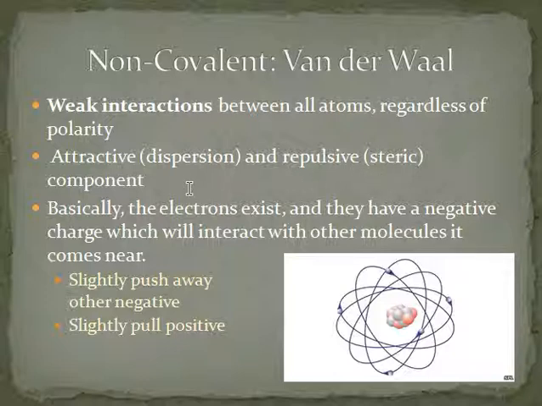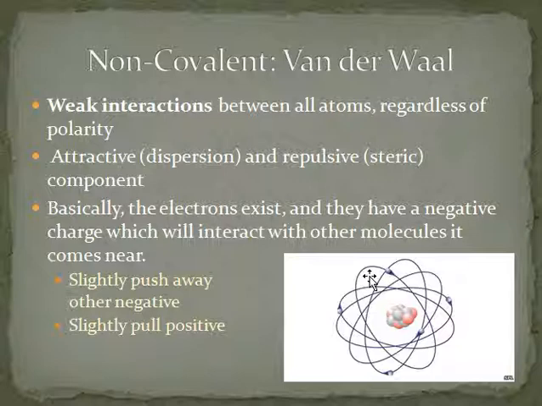What that means is that the electrons do exist and they do have a negative charge. So, like in our little classic atom picture here, you can see the electrons whizzing around, and at one point this electron's going to be here, but at a brief moment later it's going to be down here. They do move.